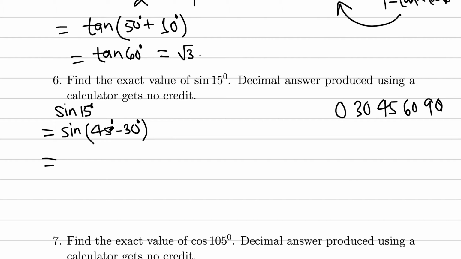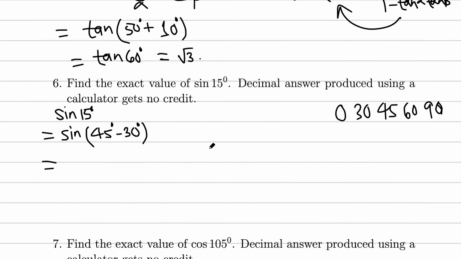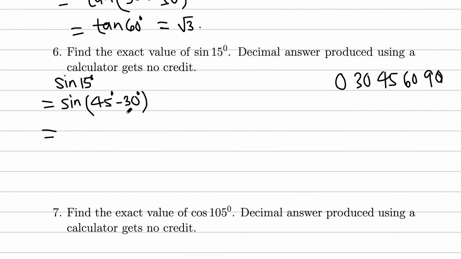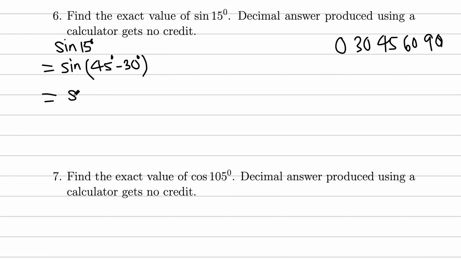Now this is sine of a difference of two angles, and it's not simply sine 45 minus sine 30. Look at the formula list. Sine of alpha minus beta is sine alpha, the first angle, times cosine beta, minus cosine alpha sine beta.